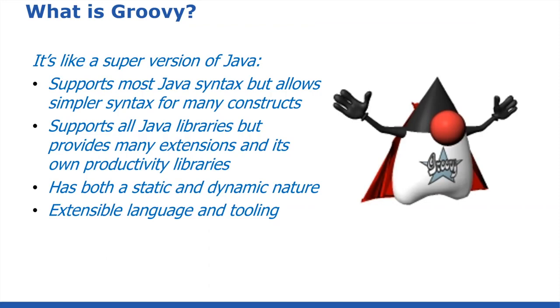So Groovy is kind of like a super version of Java, is one way to think of it. It supports nearly all of the Java syntax. And indeed, when it was created, the inventors of the language were very much wanting a language that looked and felt like Java, but allowed them to do scripting tasks and other things in a much more productive way than what Java would allow you to do, and have features that were being incorporated in other languages at the time that made you very productive.